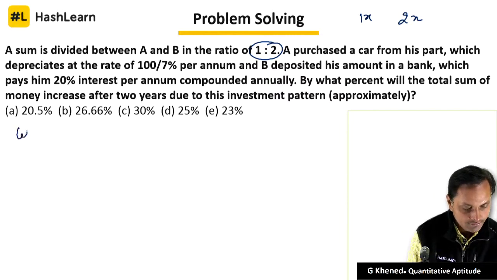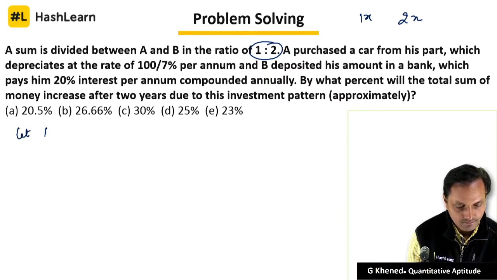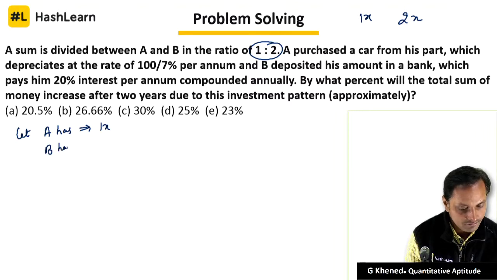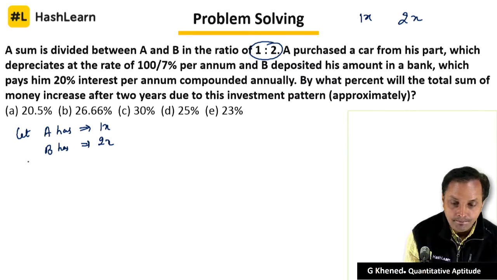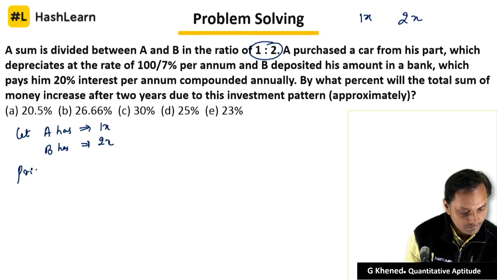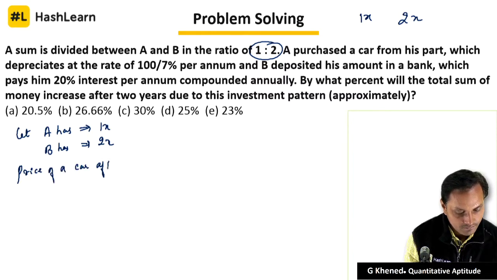So let A have 1x and B have 2x. What will be the price of a car after 2 years?